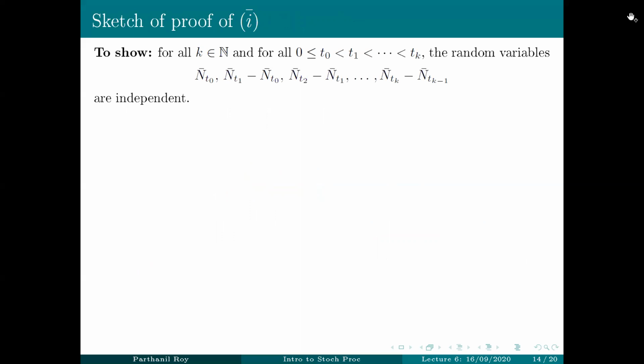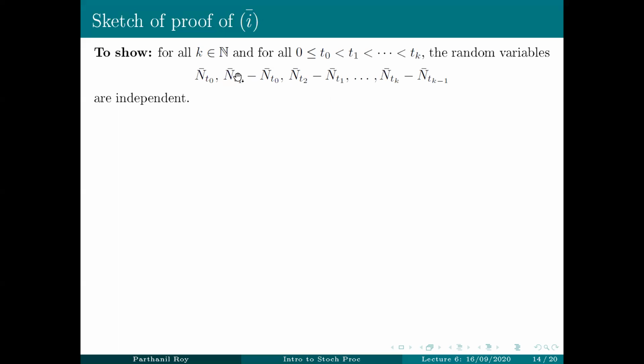So this 1 bar is essentially: you take a k positive integer and then take non-negative reals t0 less than t1 less than t2 all the way up to tk. So essentially these are all positive reals except that t0 is allowed to be 0. k plus 1 many real numbers.